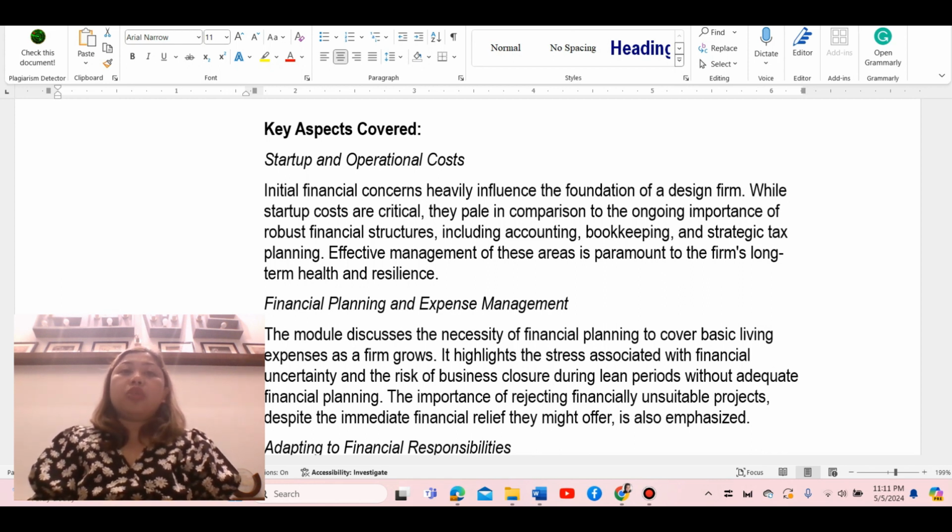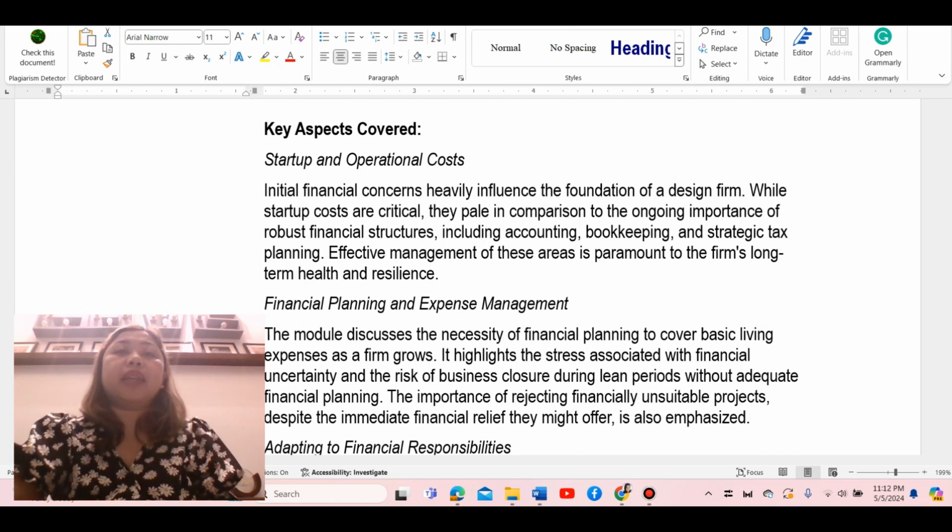While startup costs are critical, they pale in comparison to the ongoing importance of robust financial structure, including accounting, bookkeeping, and strategic tax planning. Efficient management of these areas is paramount to the firm's long-term health and resilience.